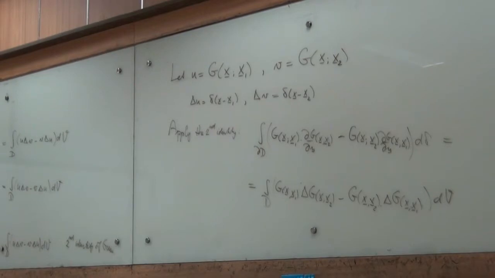What do I know? G, or the dG/dn, is for instance 0 on the boundary.